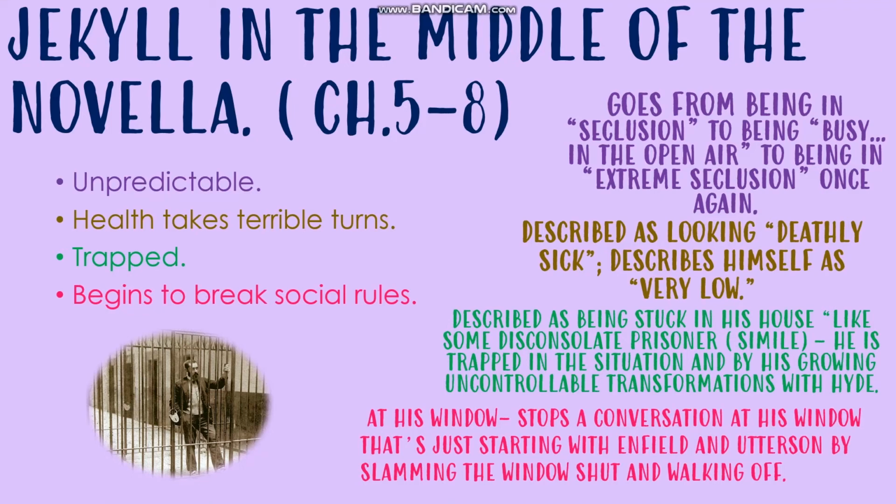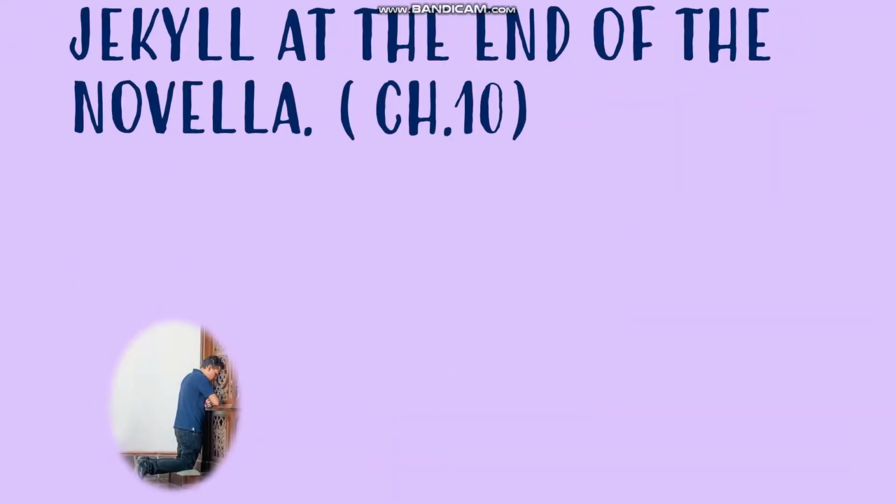And we only start to get a real sort of sense of why Jekyll is like this and why he acts like this in chapter 10 at the end of the novella, where we see Jekyll's full statement of the case. And this is where he reveals everything that happened from his perspective, and we kind of see some filling of the gaps that Utterson's not able to fill himself.